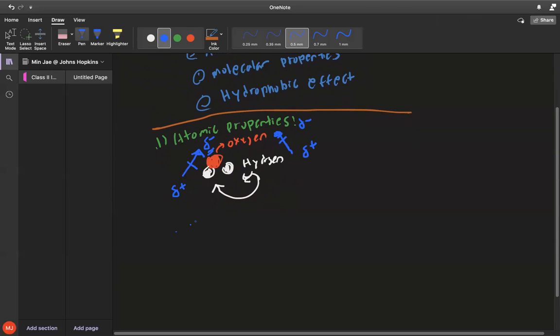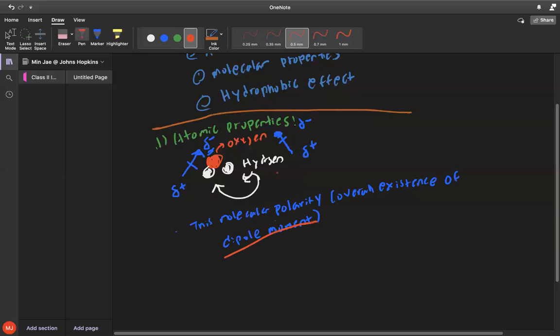This molecular polarity and the overall existence of this dipole moment, the arrows I just drew, dipole moment, actually influences how this water interacts with other biomolecules.